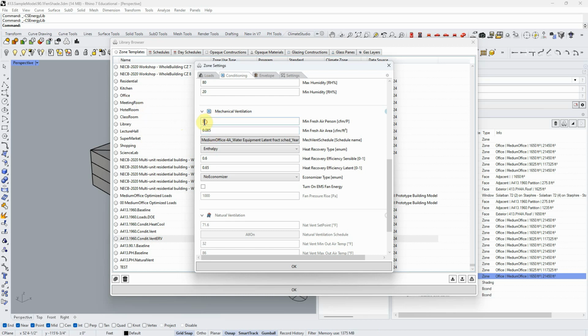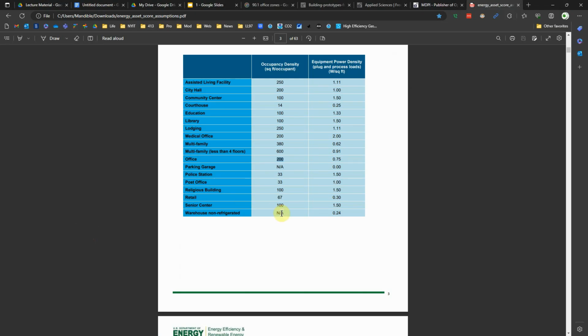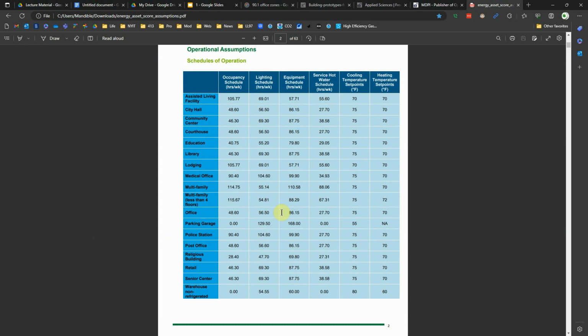So I used a standard from this sheet, which is from the DOE, and these are supposed to be baseline. This is the average of buildings of this type. By the way, the schedules that we changed were based on these.